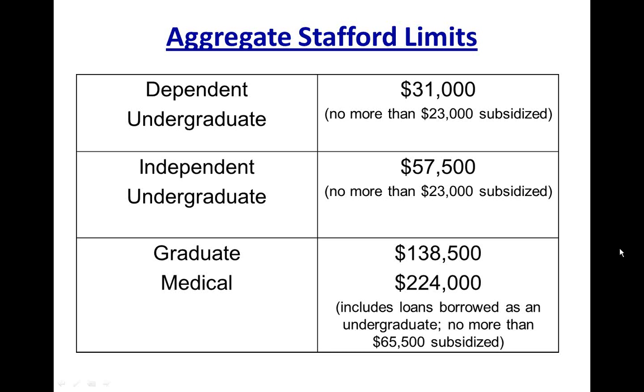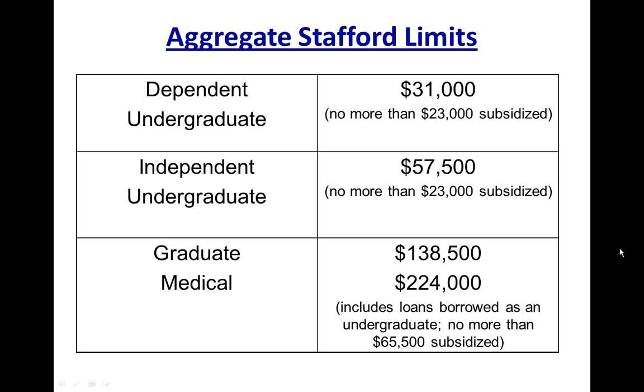There is a lifetime maximum limit to borrowing Stafford loans called the aggregate Stafford limits. For dependent undergraduate students, the maximum is $31,000. No more than $23,000 may be in subsidized loans. For independent undergraduates, the maximum is $57,500.